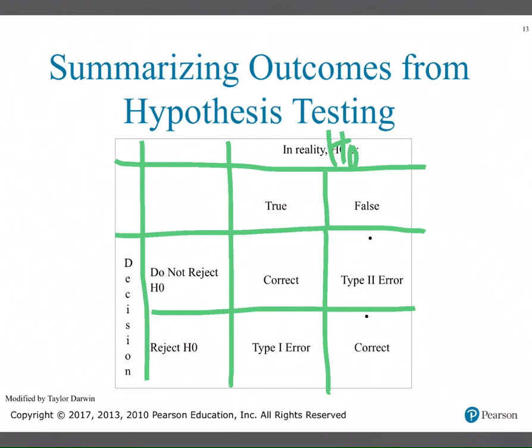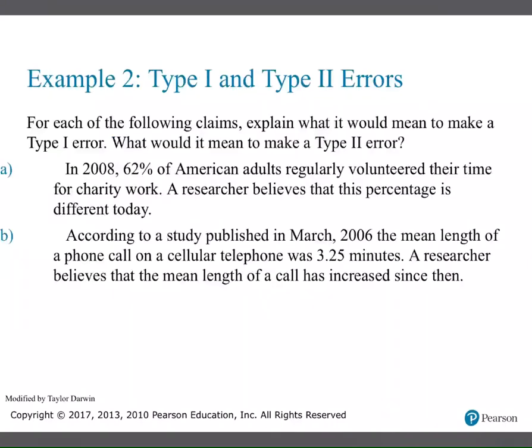Or if we say it's true, but we reject, so innocent but send to jail, that's a type 1 error. I know this may seem really confusing right now, but we will be okay, I promise.